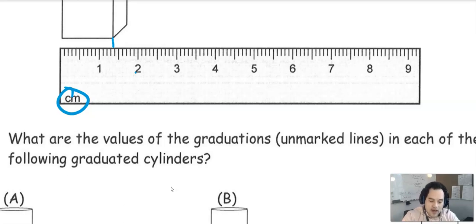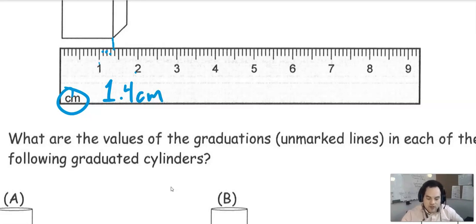And then after that, you'd have a decimal point, and with each division, the nice thing about the metric system is that it's in base 10. That means it is in units of 10, so you can use decimals a lot easier than you could with feet. So it's 0.1, 0.2, 1.1, 1.2, 1.3, 1.4. So you'd say that it is 1.4 centimeters.